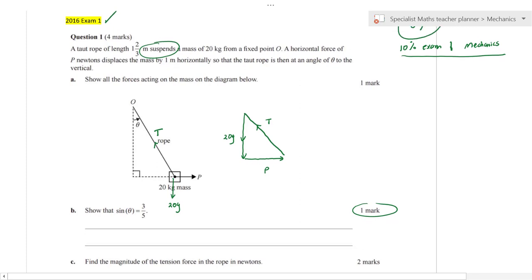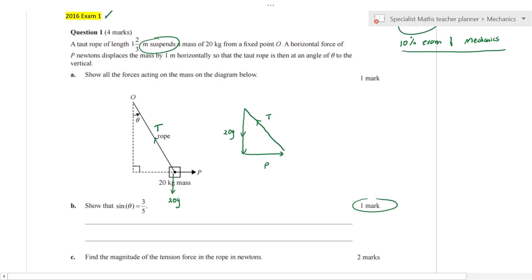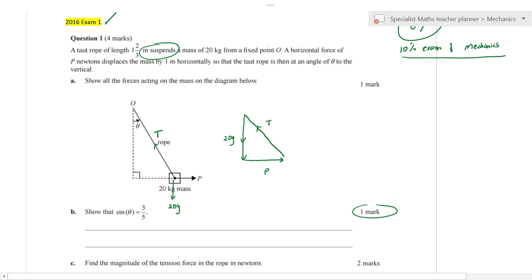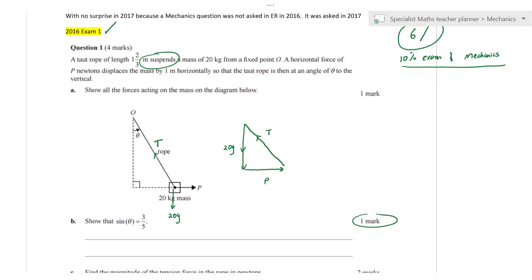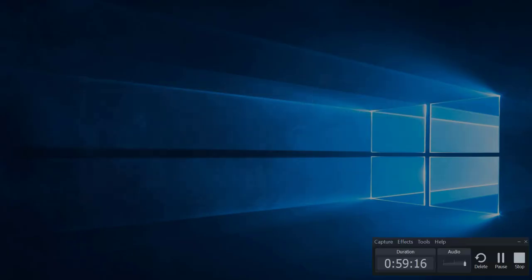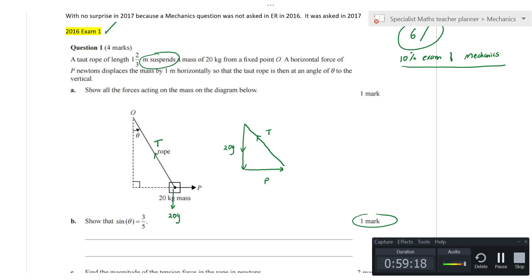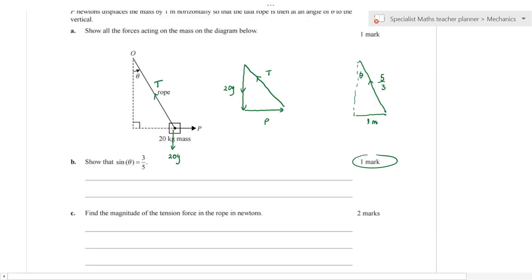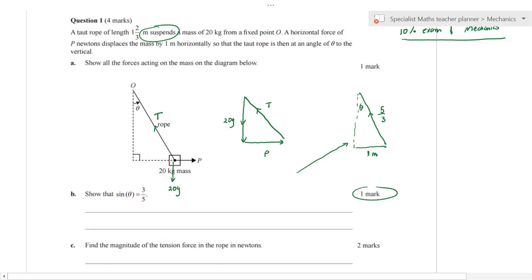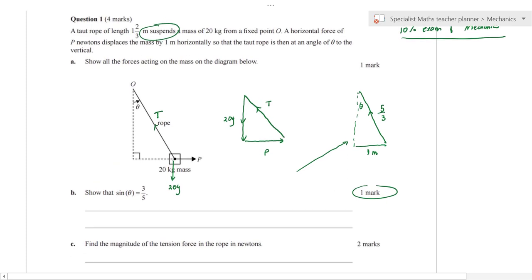Are we given anything else? For question 1, it actually stumped a few students. I'm telling you, it stumped a few students. So I'm just going to have a little think about it, because in my reading time, that's what I'd be doing. I've just drawn a little diagram up here. We've got a rope which is 5/3 metres, and I've joined the forces head to tail.